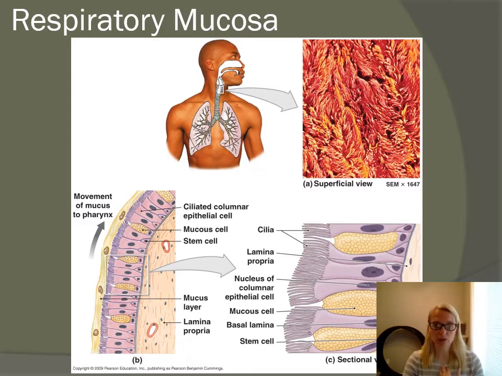In the bronchial tubes, we have some simple cuboidal, and then all the way down to the alveoli, we transition again to simple squamous. So know that the respiratory mucosa really follows that structure and function relationship, where the structure of the tissue is going to match the function that has to take place.